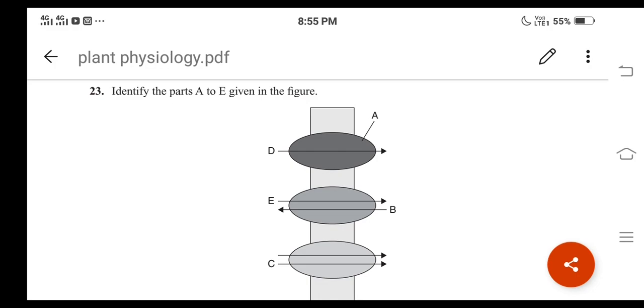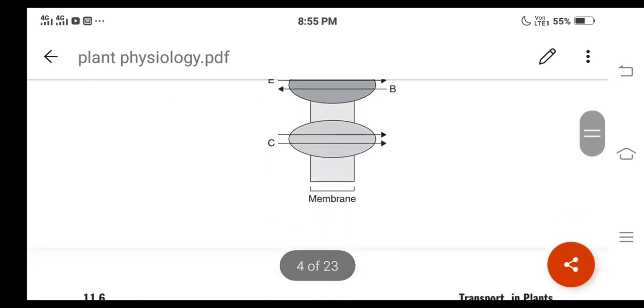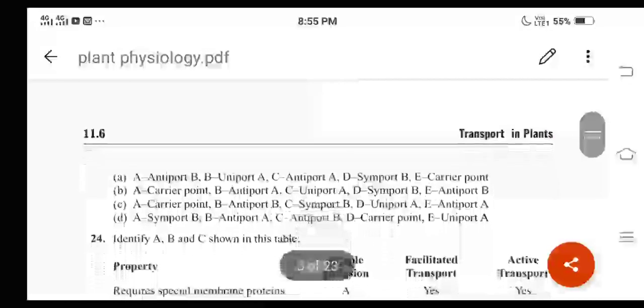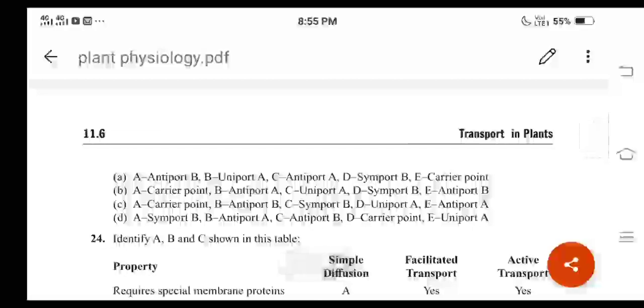Okay, then this is the diagram showing the facilitated diffusion. Okay, the similar diagram is there in figure 11.2 in page number 177. Okay, and here we have to identify the labelings like A, B, C, D, E, right? And here we can easily identify it. 23, the option is C. E is carrier point. Okay, you make a correction here.